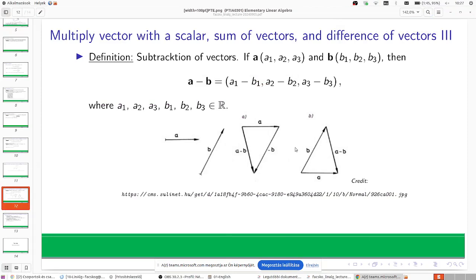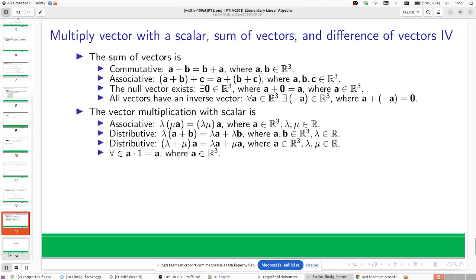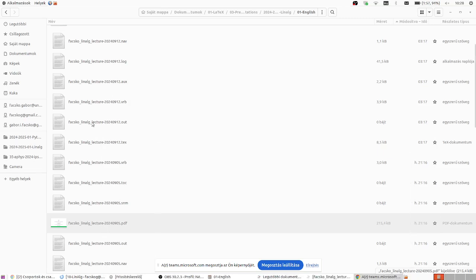Okay, so last time I gave a definition of what a vector is, how to multiply it with a scalar, and addition and subtraction of vectors. I also gave some features. When you do any operation, any deduction, you have to use these features, because it's not like a number.